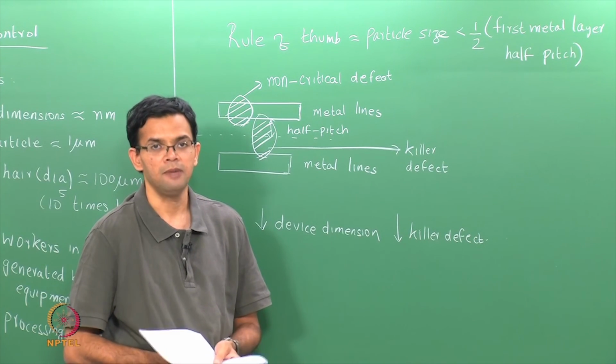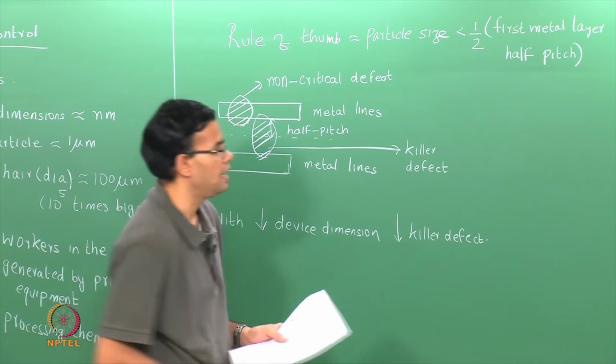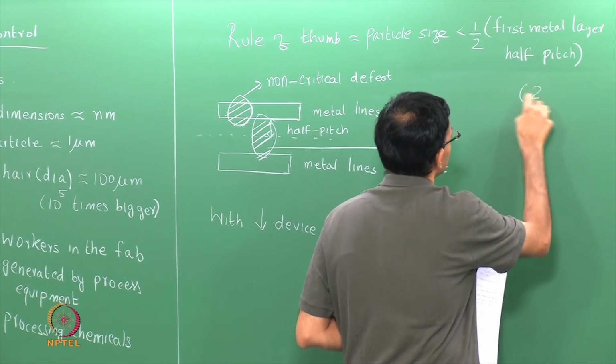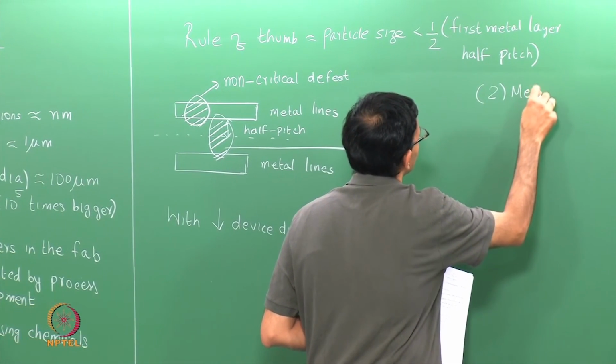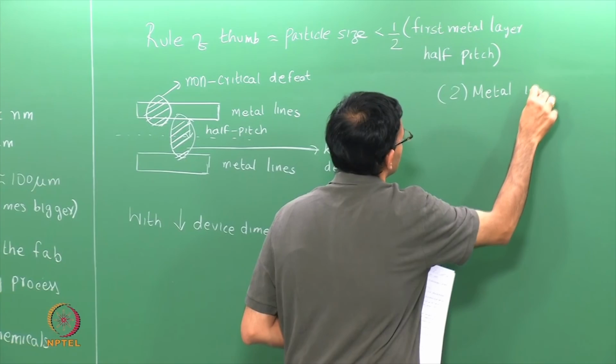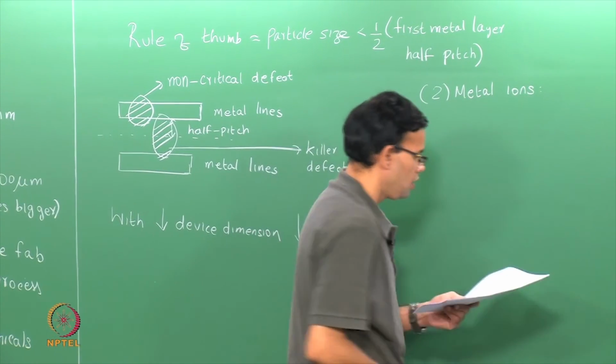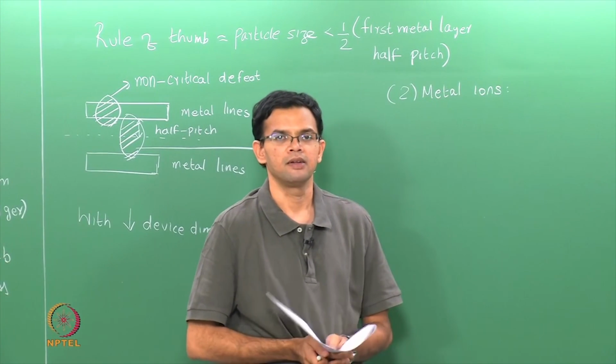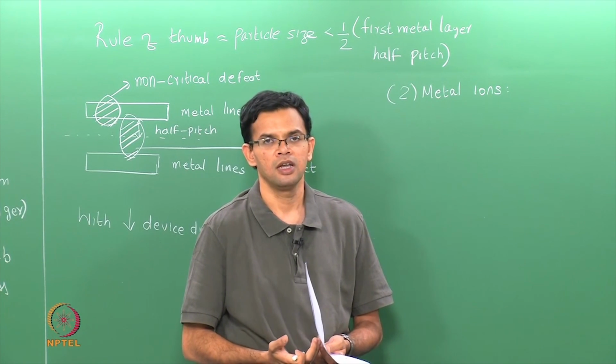The next type of contaminants is your metal ions. So, why are metal ions bad? The reason being, of course, they are metals.